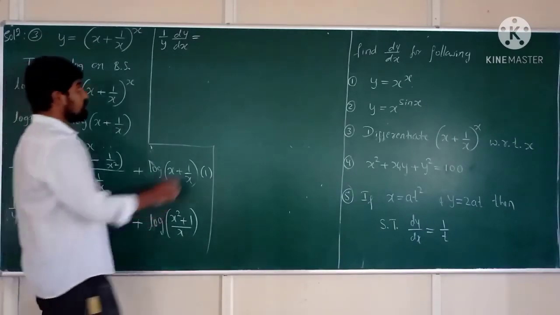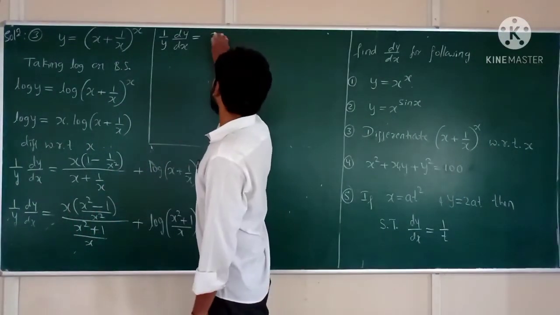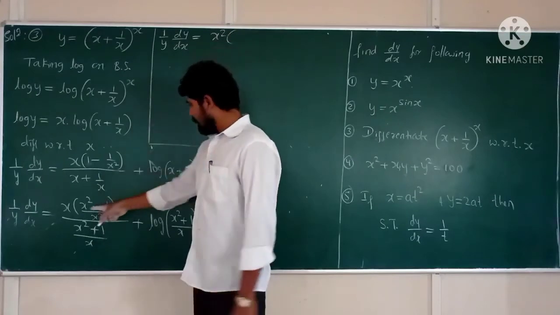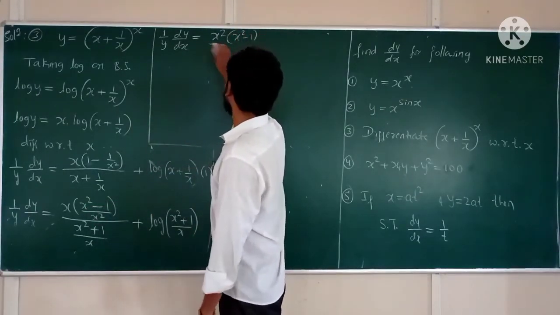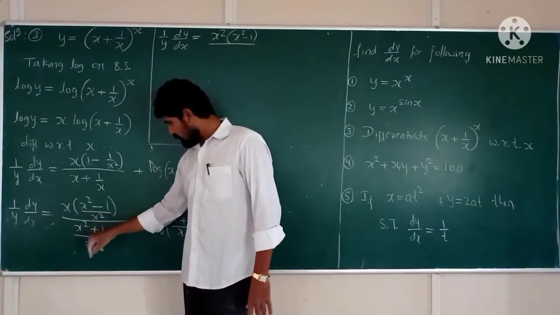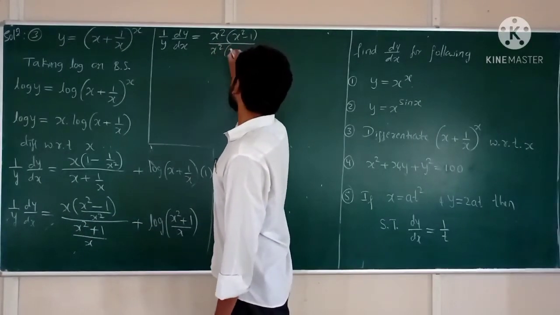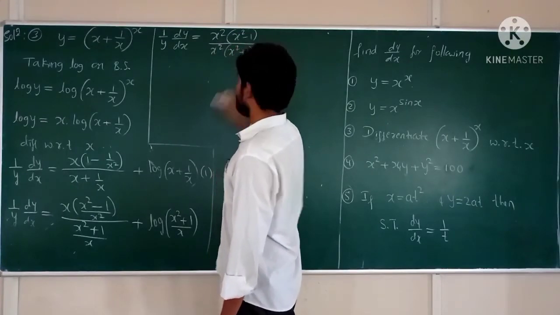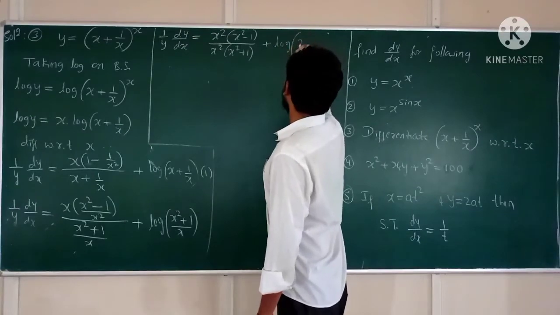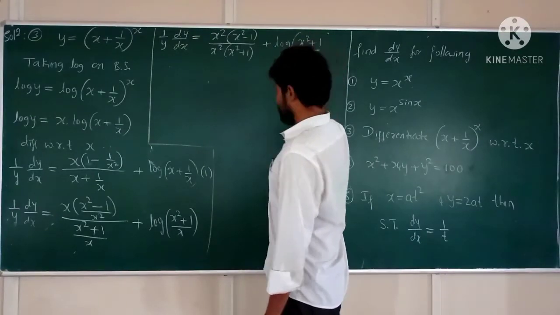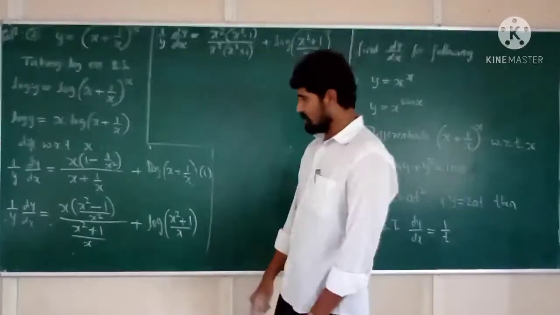Now look at another term: x into x square into (x square minus 1) divided by x square into (x square plus 1), x square into (x square plus 1) plus log of (x square plus 1) divided by x. I hope all of you understood.